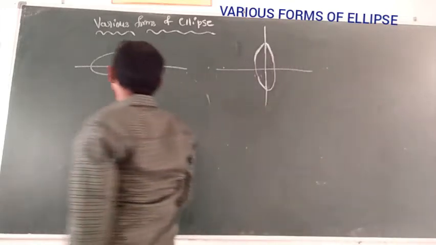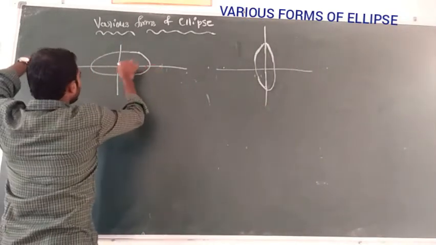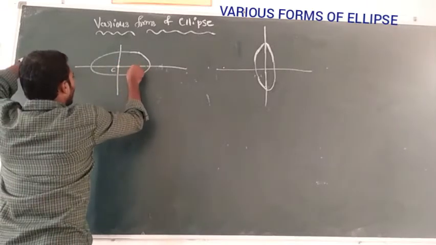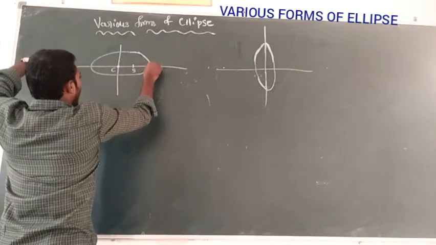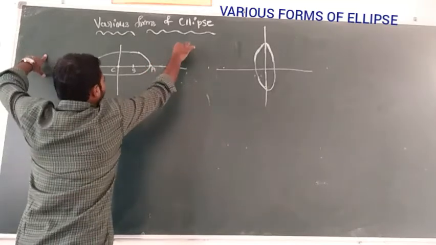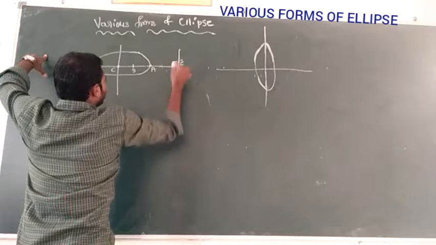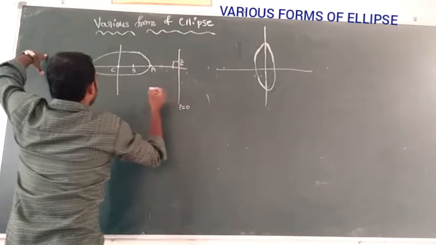To form this ellipse, clearly the center is C, here the focus is S, this is vertex A, and we have the directrix line and this is the foot Z. This is L equal to 0.